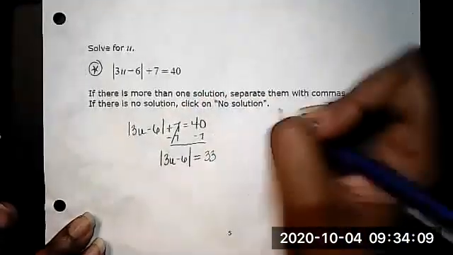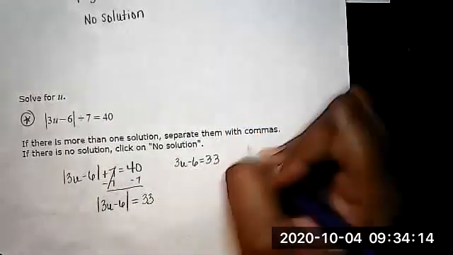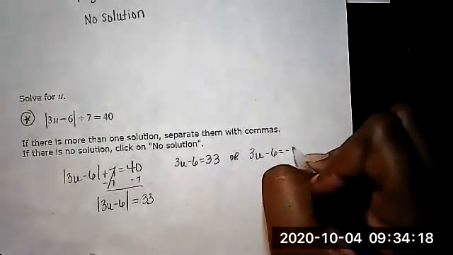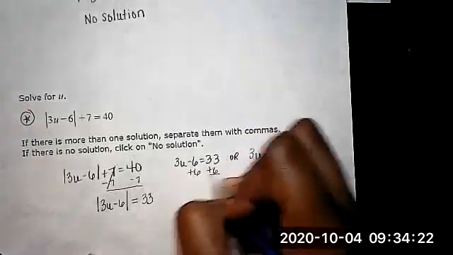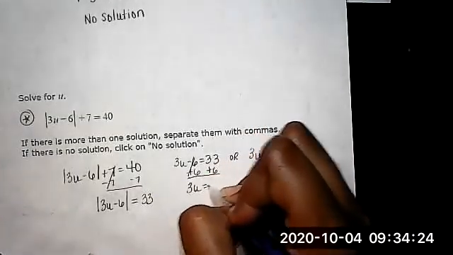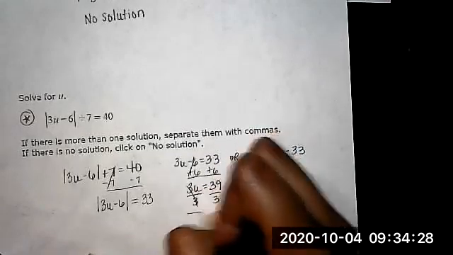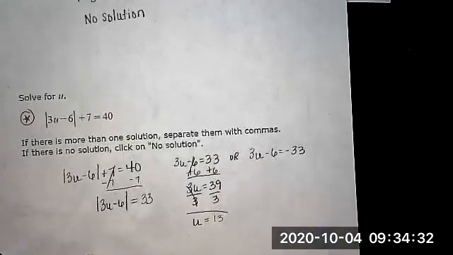We can take 3u minus 6 equals positive 33, or 3u minus 6 equals negative 33. Add 6 to both sides. 3u equals 39. And of course, divide by 3 because we're trying to get u by itself. u equals 13.